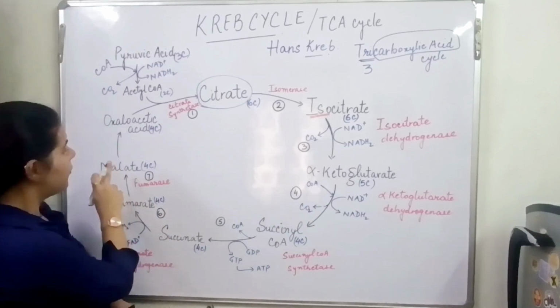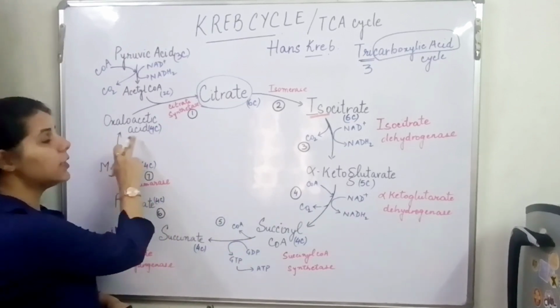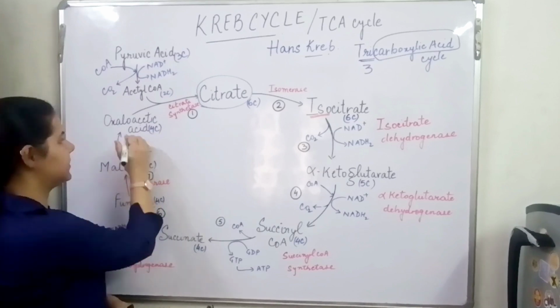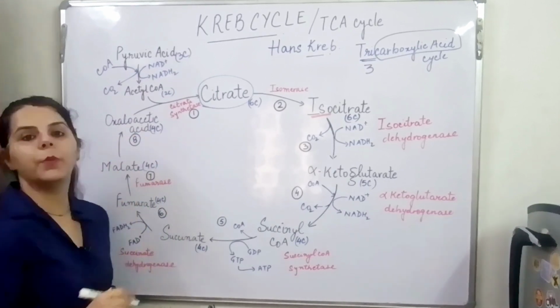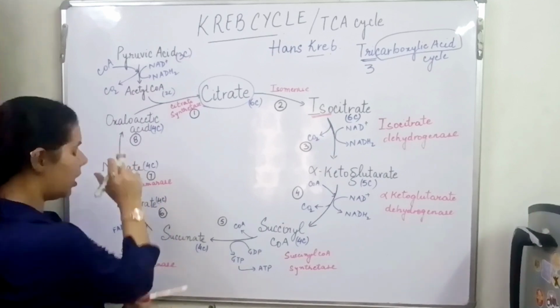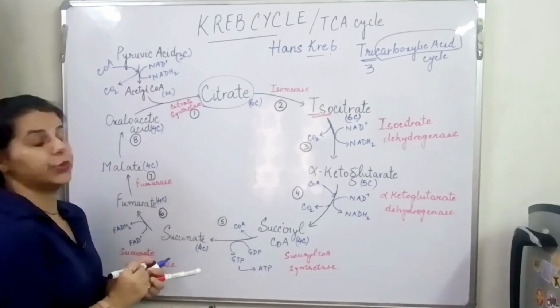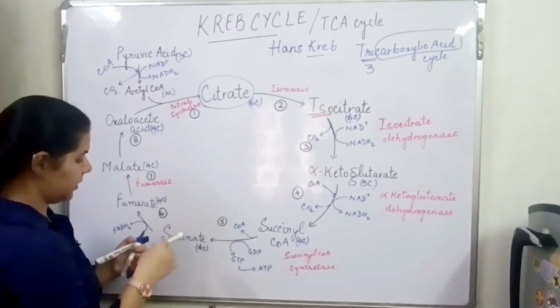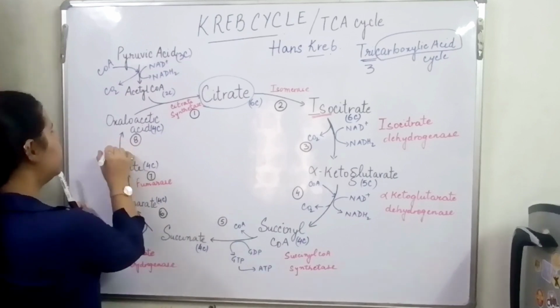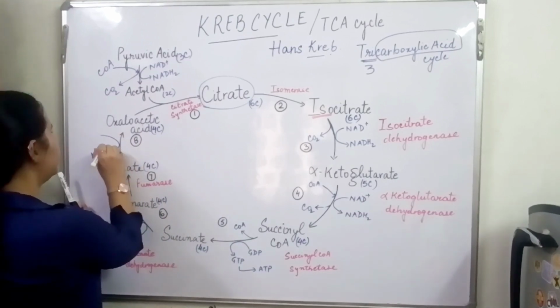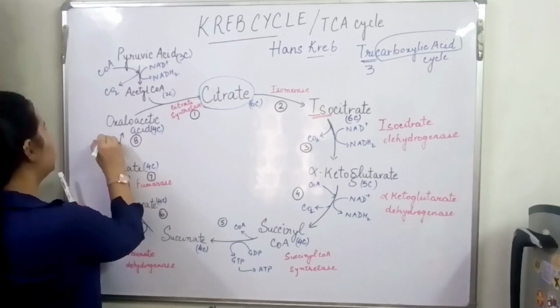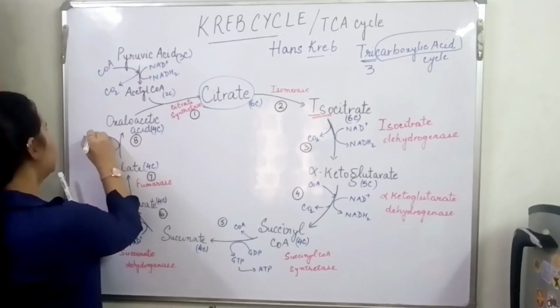And now malate is being converted to oxaloacetic acid. This reaction is step number 8. Now this is also a redox step. It's a redox reaction. Again, NAD will be converted to NADH2.